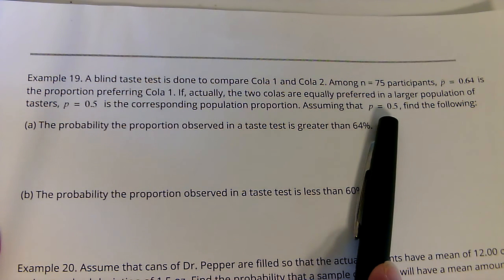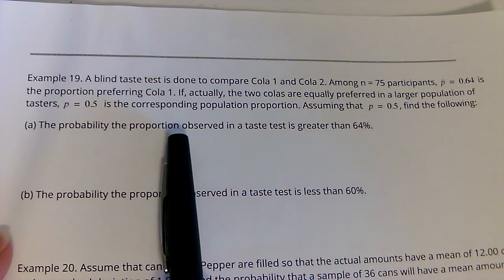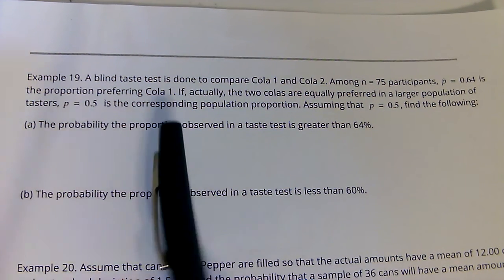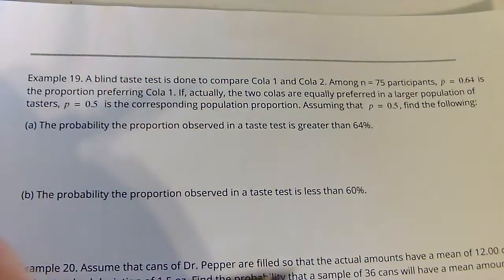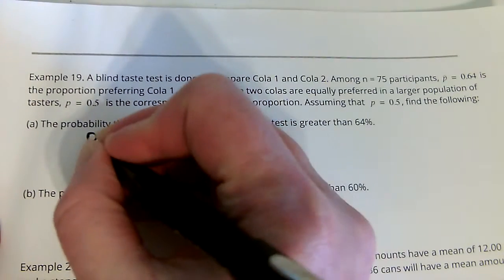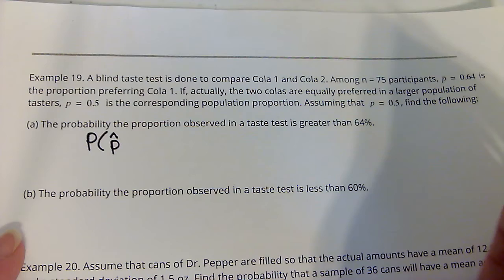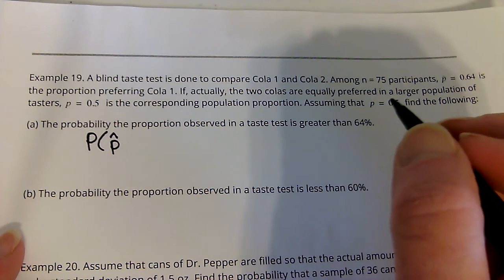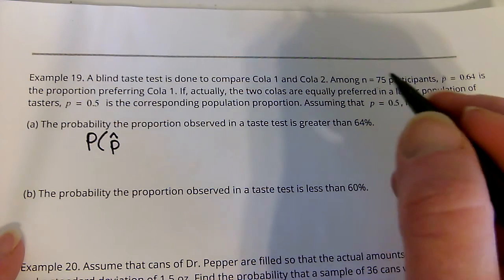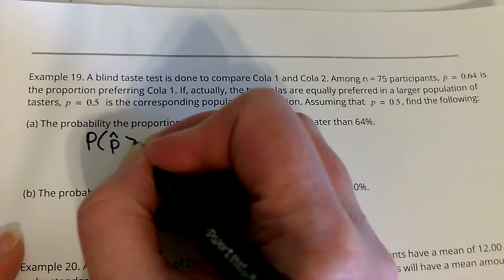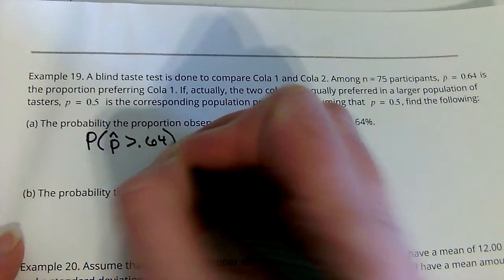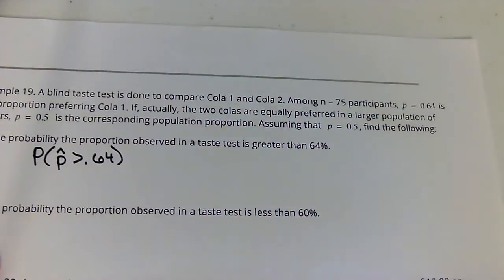Assuming that the population proportion is 0.5, find the following. So on the first one, we're going to find the probability that our sample proportion is greater than 0.64.